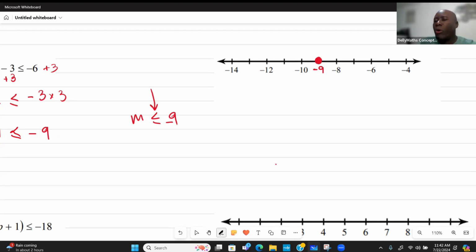And then I'm going to point to things that are less than that. And on the number line to the left are things that are less than your marker. So we're pointing in this direction. So this is representing that m is less than or equal to -9. Let's get the next question.